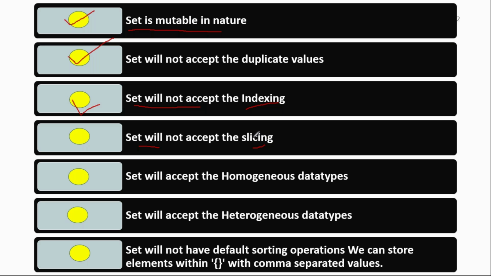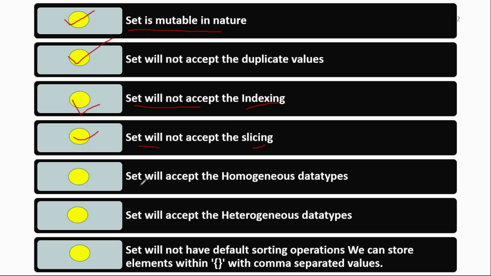When we have a large amount of data with duplicates, then we can use an index. When we have a small amount of data, we don't require getting it in a faster manner. That's why in Python, the set data structure will not allow indexing and slicing.